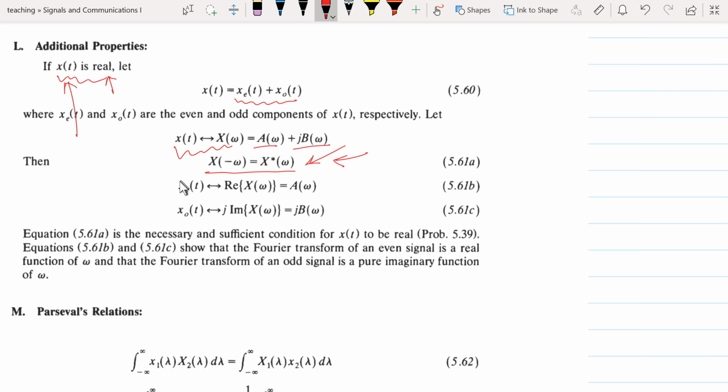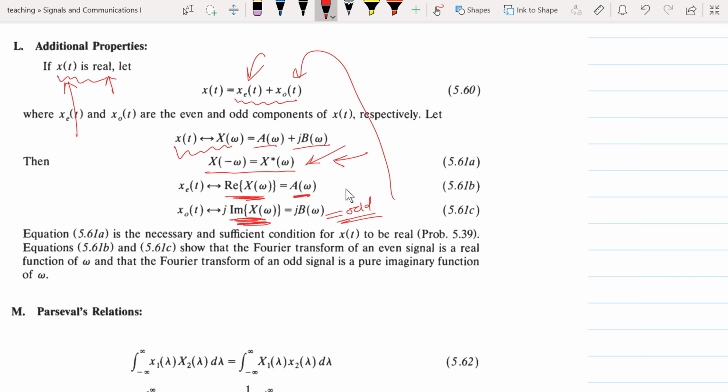But if this condition is satisfied, then we are able to break our Fourier transform such that the real part of the Fourier transform gives you the Fourier transform of the even component of our time domain signal, and the imaginary component of our Fourier transform gives you the Fourier transform of the odd component in time domain.